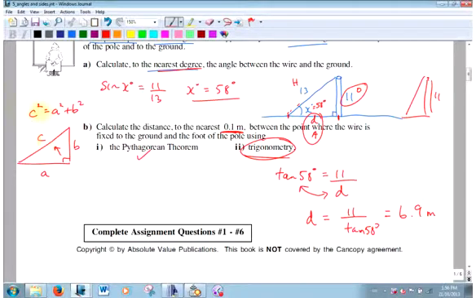If I'm solving this for the hypotenuse, that's probably how I want my formula. But if I'm solving it for one of the legs, in this case this one, I probably want to write it in terms of this thing. A squared is the hypotenuse squared minus the other side squared. And this is what's on your formula sheet.